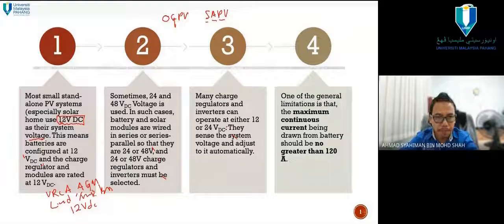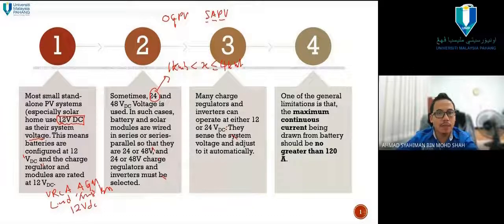Okay. So sometimes 24 and 48 volt is used. That's what we have discussed before. The 24 volt one is from 1 kilowatt hour until 4 kilowatt hour.